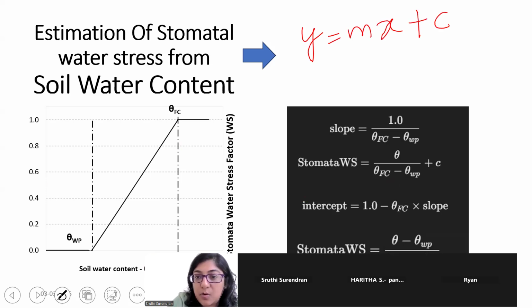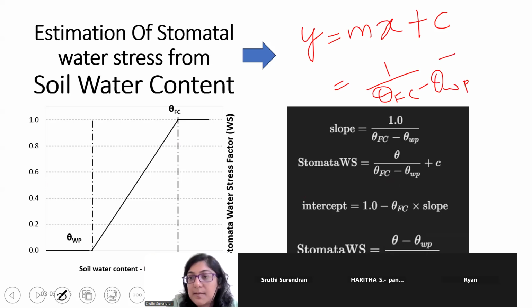We found out that the slope is equal to 1 divided by theta fc minus theta wp. Now, plus c. In order to find out what is the intercept value, we know that at y is equal to 1, x is equal to theta fc.